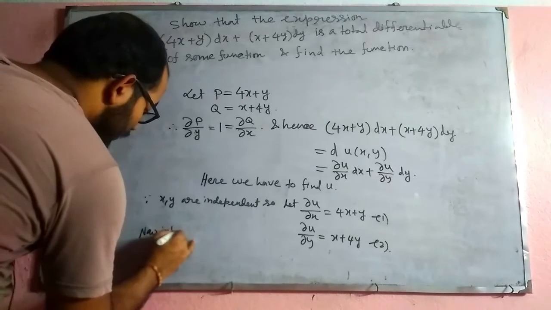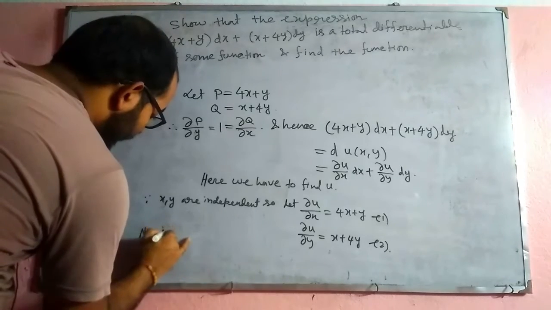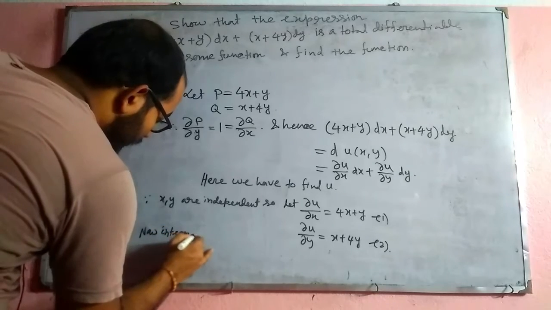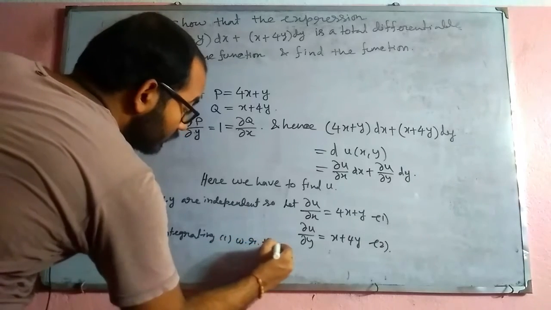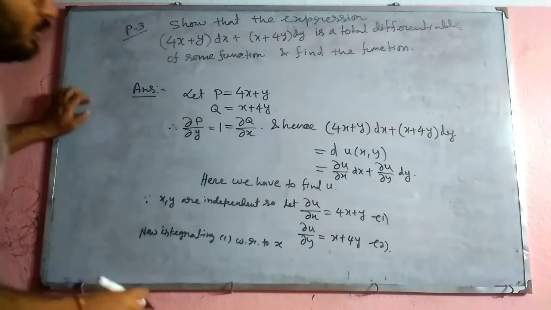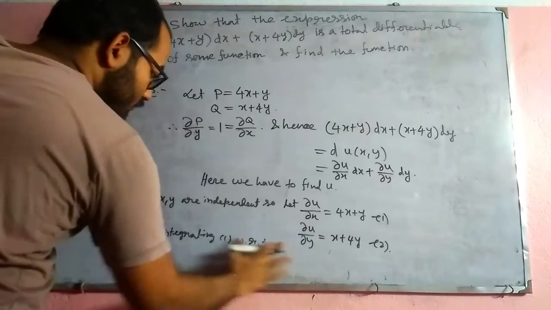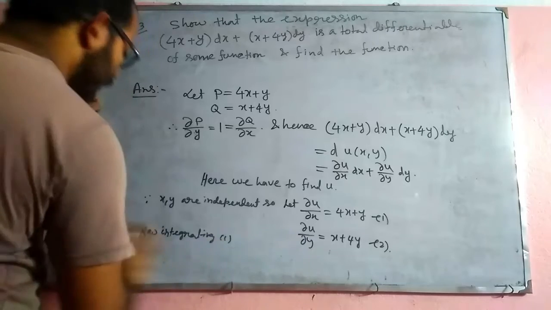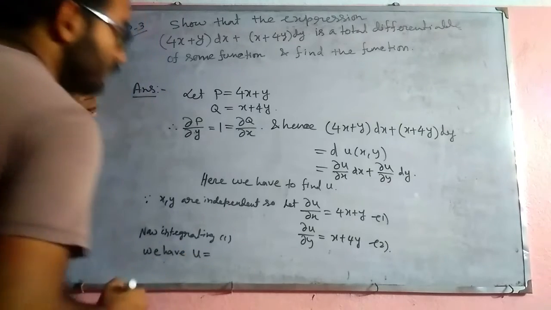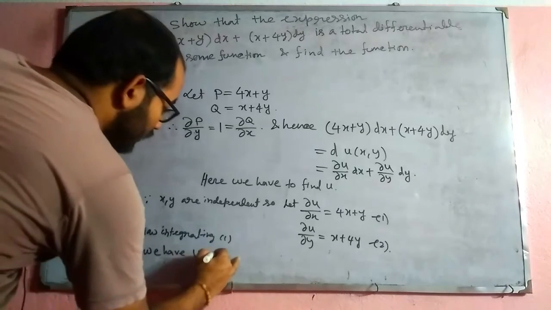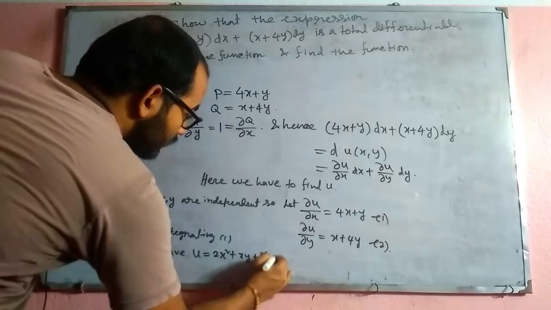Now integrating, we have u is equal to 2x square plus xy plus phi of y.